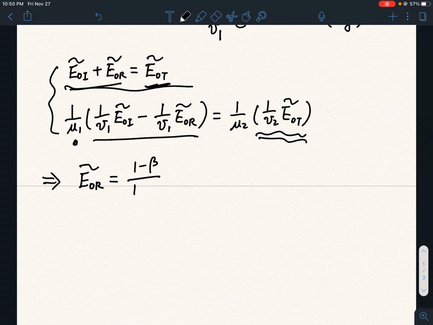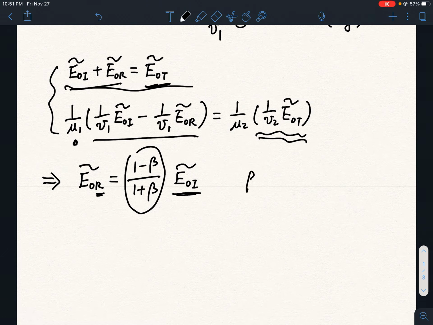The reflected wave is proportional to the incident wave, with a factor of (1 minus β) divided by (1 plus β), where β is defined as μ1 V1 divided by μ2 V2, which in terms of index of refraction is N2 divided by N1.